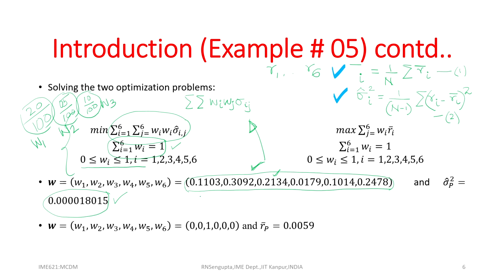The portfolio return formula I am just writing: it will be Wi star, why am I using the star? Because the stars are the weights which I found out, multiplied by Ri bar. Ri bar is from where? From this formula which I found out. I can find it out and note down the return for the minimum risk. This is not calculated here.